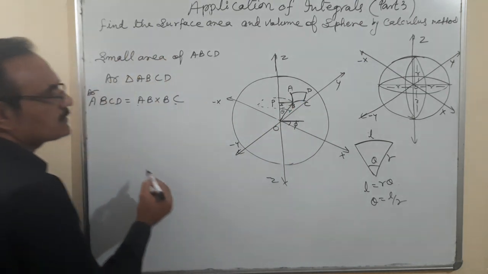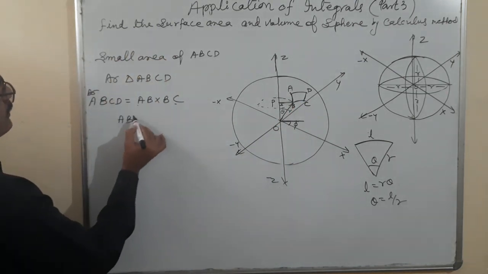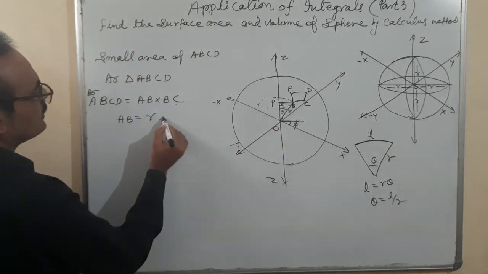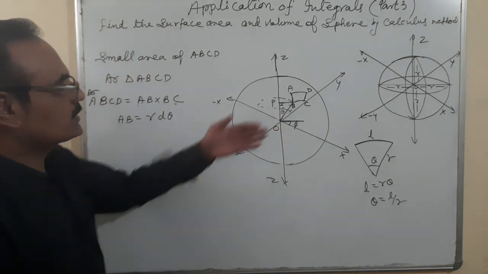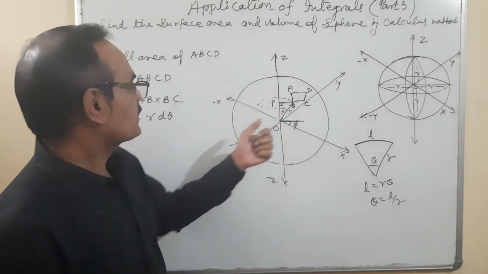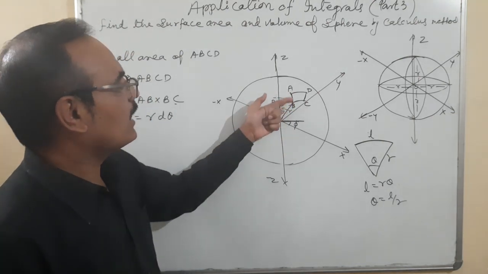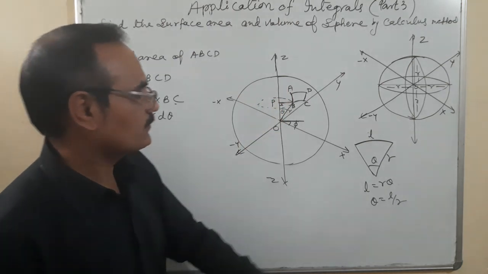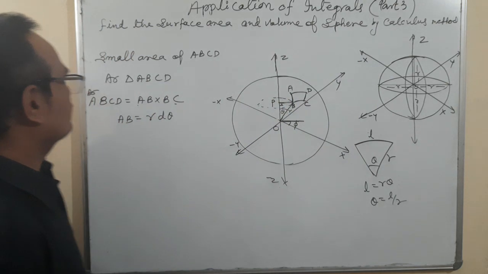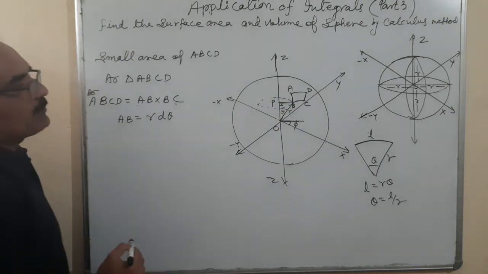So directly AB is equal to, can I write here R d theta, because theta is this angle and it rotates, a very small rotation, so it's considered as d theta. So R d theta is equal to AB. L is equal to R d theta. It's AB, right? Now we are finding the value of BC.